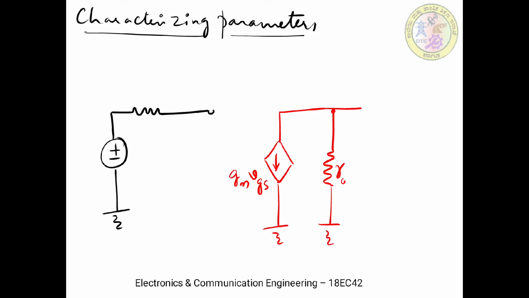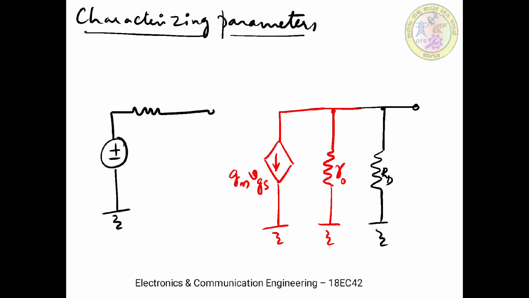So this is small r0, which represents the transistor output resistance. Okay. So next what we have is again the resistor RD at the output.